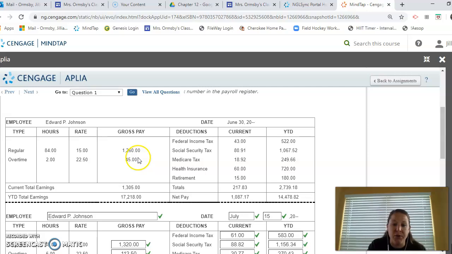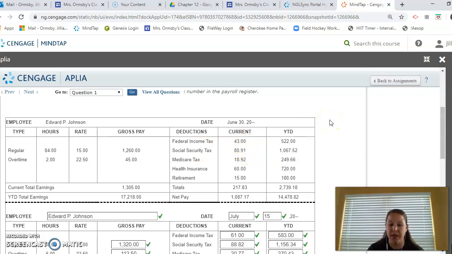It spells out their gross pay and all of their deductions. However, it's a little more difficult because we also need to keep track of the year to date for tax purposes: how much was taken out for each individual tax, how much the total net pay was for the year, and the gross pay total for the year. All of that also needs to be calculated onto the pay stub.